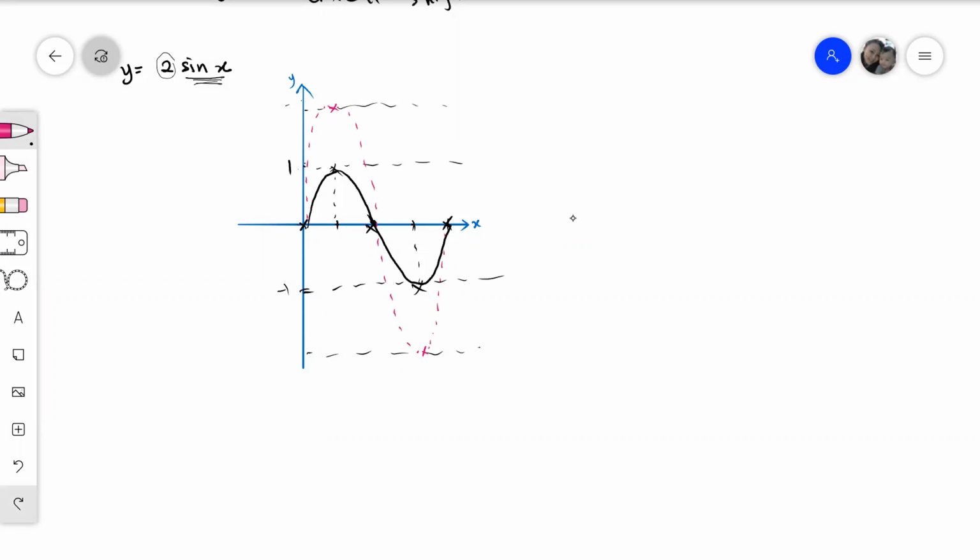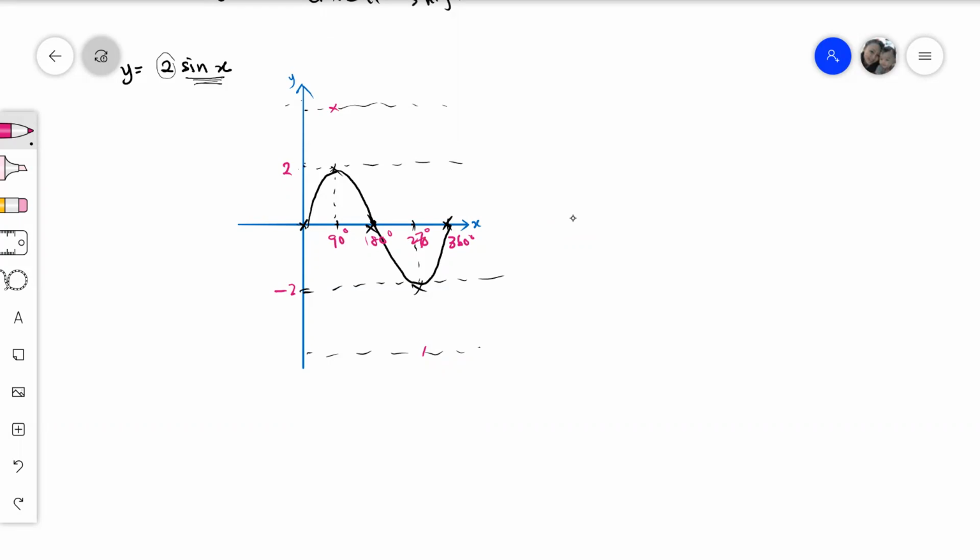Or the more direct way is to just change this into 2 and -2. That's it. Then we label this: 360, 180, half of it 90, and then we have 270 here. So this is 2 sine x.